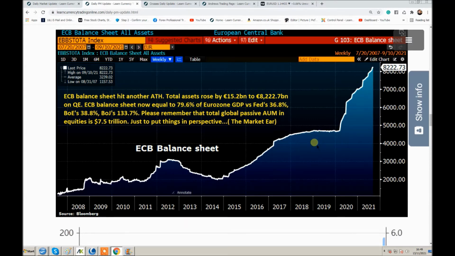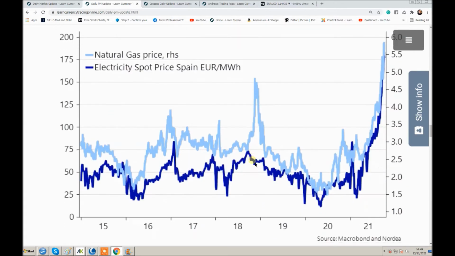Sure, the Netherlands might be doing okay, or Germany, but the ECB has to deal with a load of diverse economies. It's not a United States of Europe like a United States of America. Now, if you look at the ECB balance sheet, it's equal to 79.6% of Eurozone GDP versus the Fed's 36.8%. And the Fed are reducing their balance sheet. That is clearly bullish for the USD in our view.